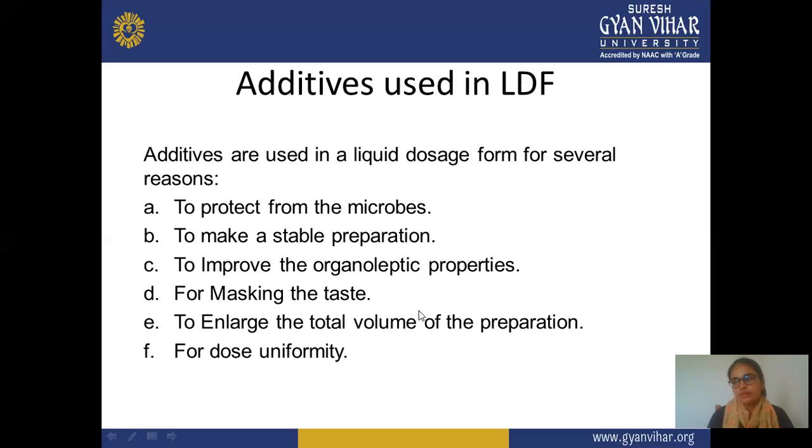When you prepare it in 50 ml instead of up to 100 ml, there may be a chance of higher drug concentration. So you can increase the volume of a liquid dosage form up to 100 ml, or the required quantity, with the help of certain excipients, because excipients don't have a pharmacological effect, but you can use them to build up a specific volume of your formulation.